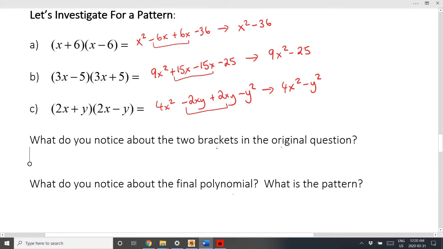So what do you notice about the 2 brackets in the original question? They have the same variables. If we look at that, we have x and x. So each bracket has the same variables. It has the same coefficients.